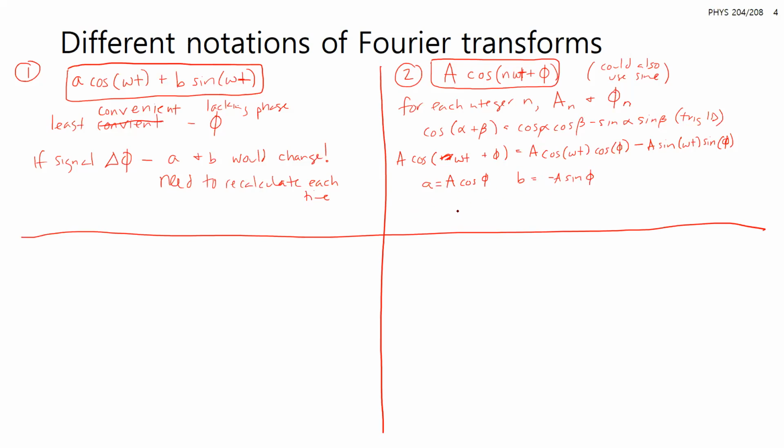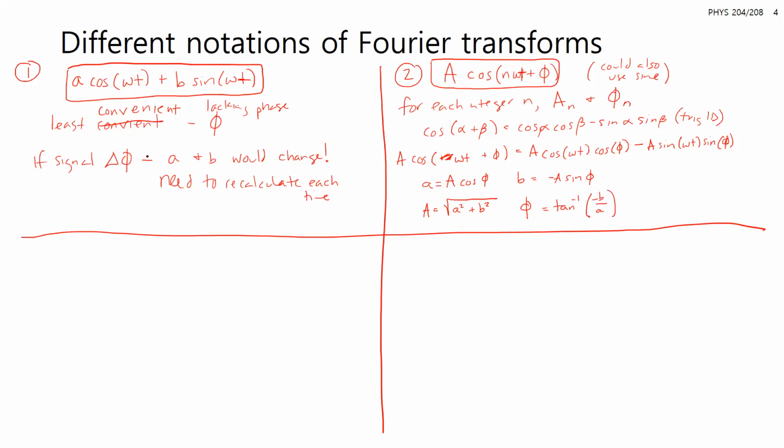So then we can rearrange this and find that capital A, our amplitude in this second notation, would be equivalent to the square root of lowercase a squared plus lowercase b squared. And our angle phi would be the arctangent of negative b over a.